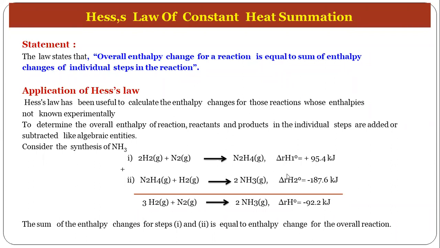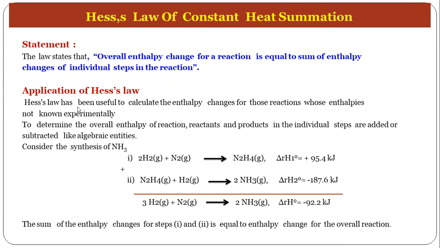But in this particular example, there are 2 steps. So we considered this is the enthalpy change in the first step, this is the enthalpy change in the second step, and this is the overall enthalpy. So we will discuss this.